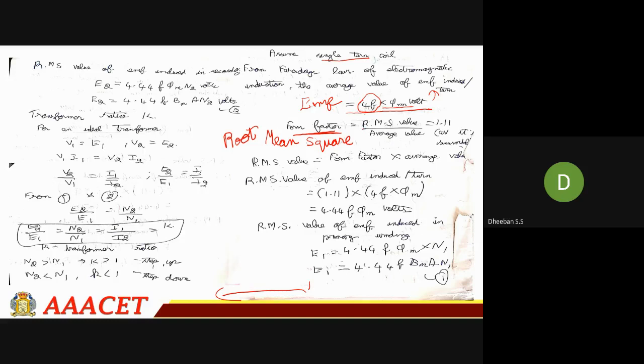If you divide the root mean square value by the average value, you will get a constant value of 1.11. Why we are doing this: this form factor is the one through which your transmission works.